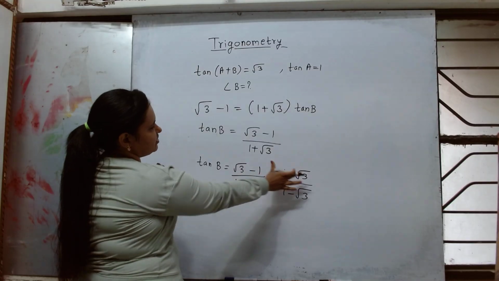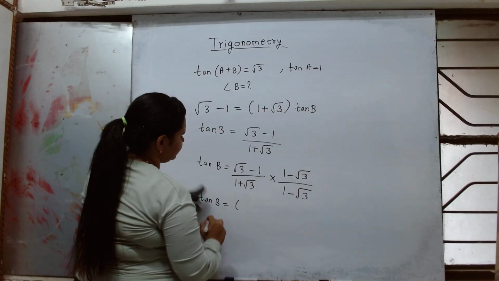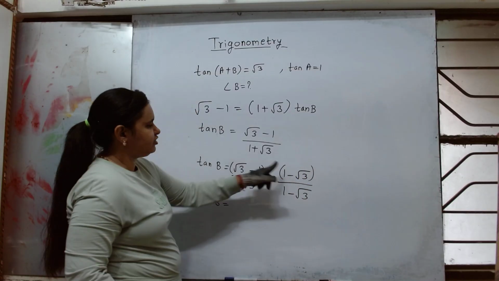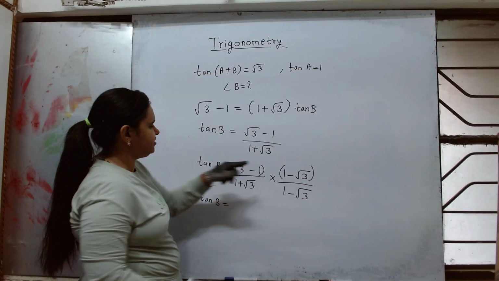We have to multiply the numerator and numerator. First multiply the first term, then the second term. It will be root 3.